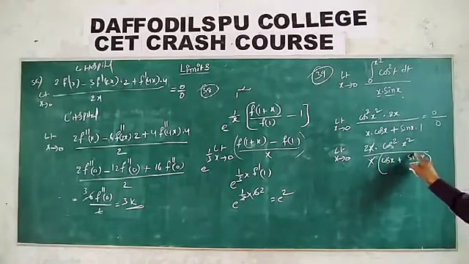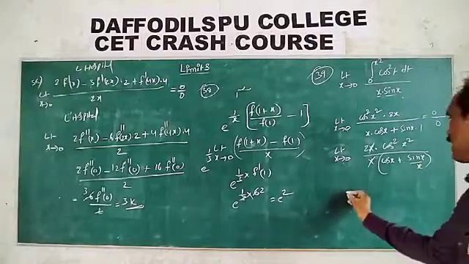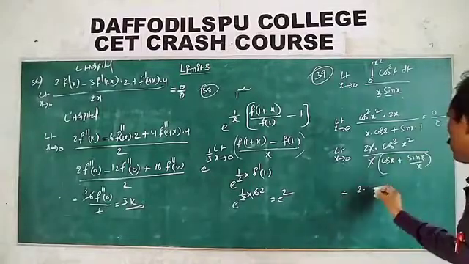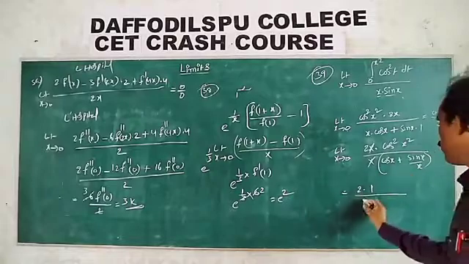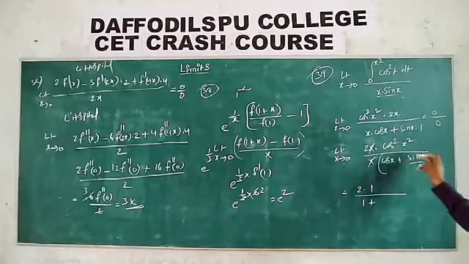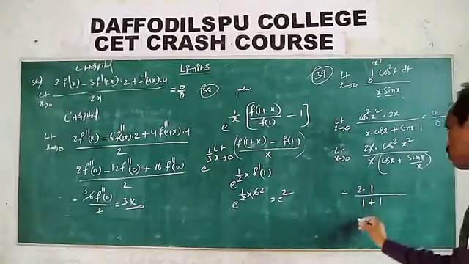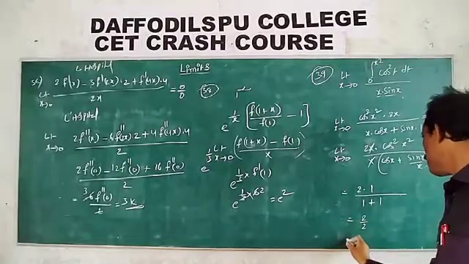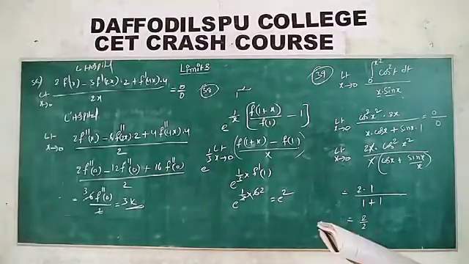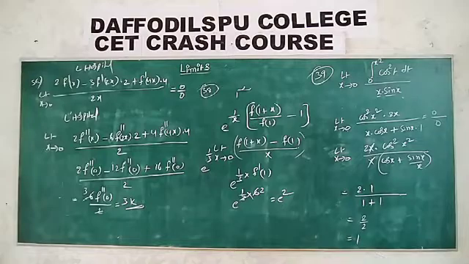Limit x tends to 0 sin x by x value 1, formula. So directly 2 into cos 0 value 1, plus cos 0 value 1 plus limit x tends to 0 sin x by x value 1. So therefore 2 by 2, the answer is equal to 1. 39. Second option, 1.